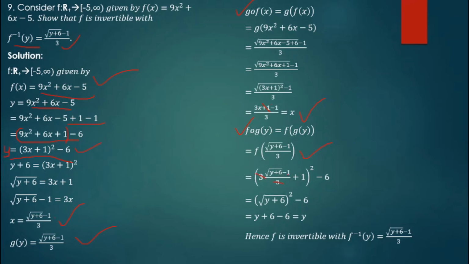Root y plus 6 minus 1 plus 1. So minus 1 plus 1 gets cancelled again, and then we have root of y plus 6 the whole square minus 6. The square cancels the square root, so we get y plus 6 minus 6, plus 6 minus 6 again 0. So we got y, which is equal to iy. So hence we write this. So here we complete our 9th question.